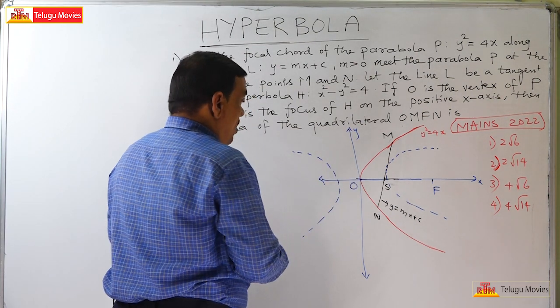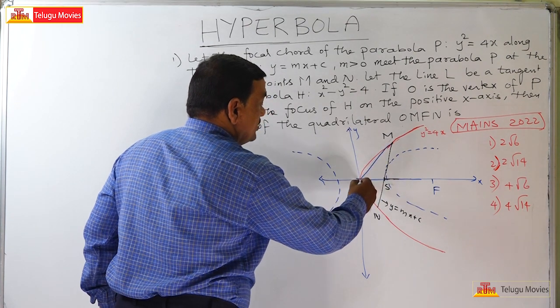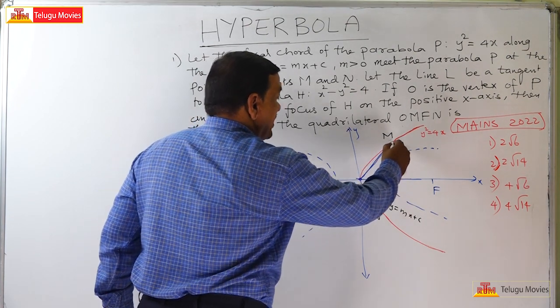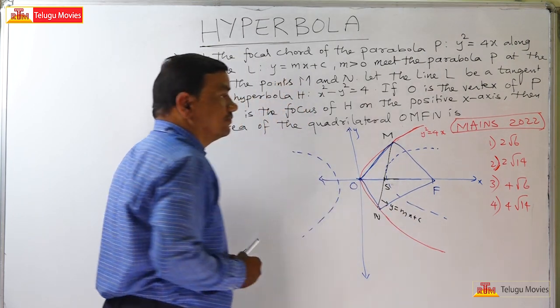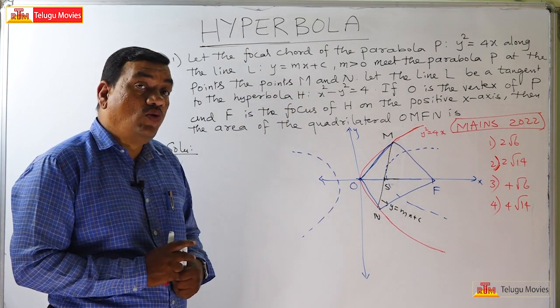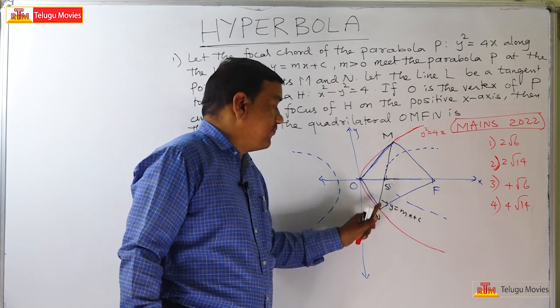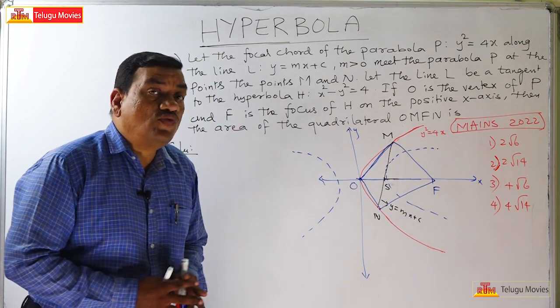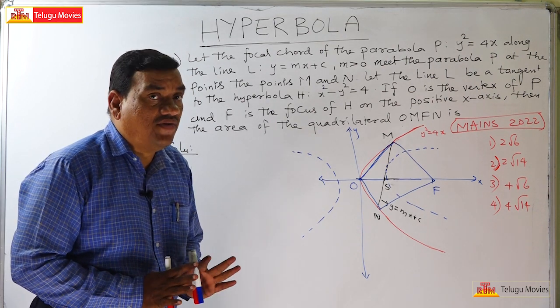So the quadrilateral is O, M, F, N. Now we have to find the area of the quadrilateral OMFN. To find the area of this quadrilateral, we have to find the vertices.